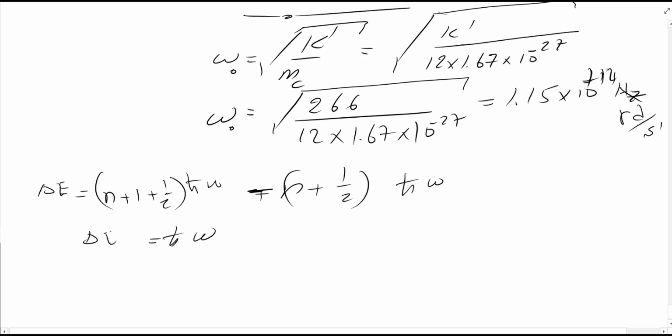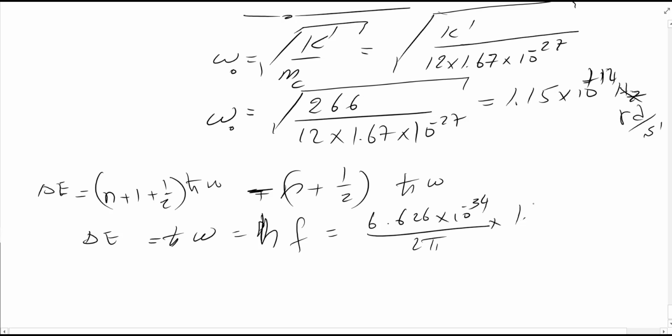Okay, so delta E. We should have found the frequency because this is hf actually, or if you wish, h, which is 6.626 times 10 to the negative 34, divided by 2 pi, times this number that we found earlier for omega, which is 1.15 times 10 to the power 14. However, I'm going to divide it by 1.6 times 10 to the negative 19 to get to electron volts.